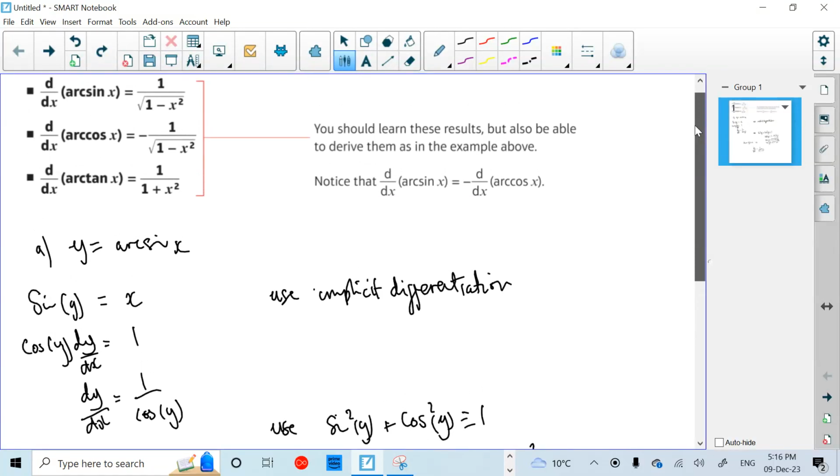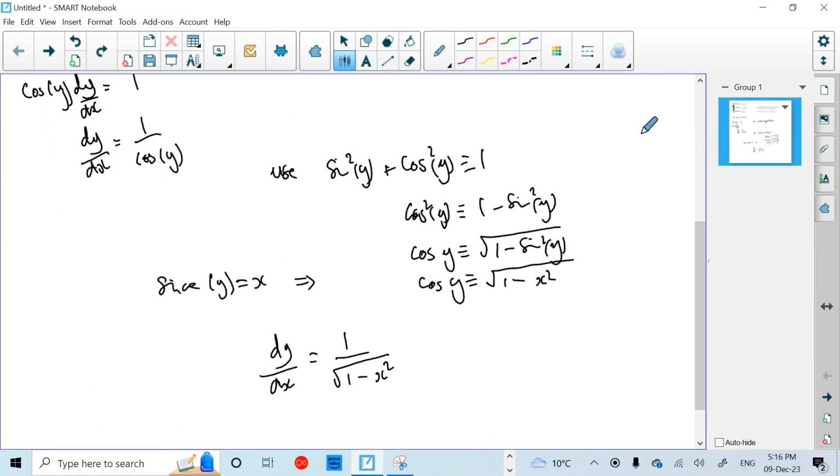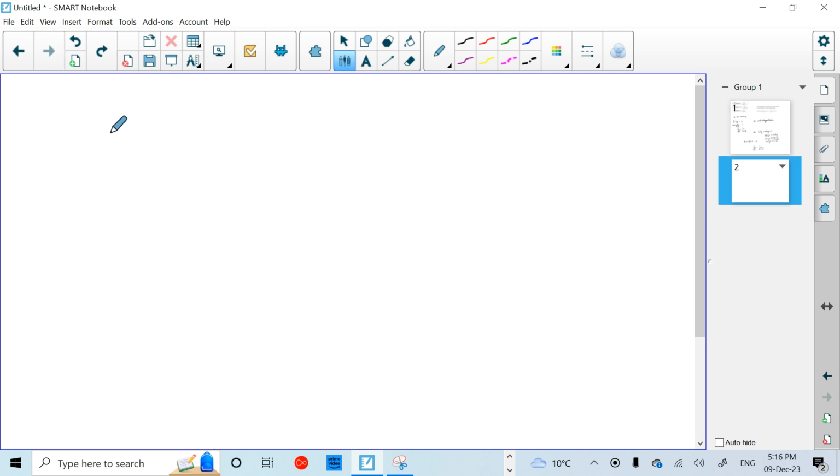Now, what about the differential of arccos x? Let's go to another page and use the same technique. So y is equal to arccos x. This should be easy if we apply cosine to both sides. So we've got cos of y is equal to x. Again, implicit differentiation: differentiating cosine, we get minus sine of y dy/dx, equal to 1.